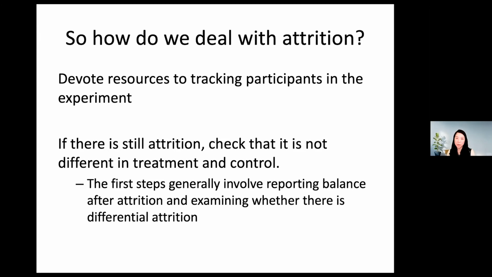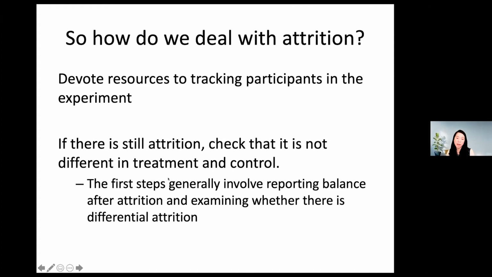We can try, from the design phase, to minimize the attrition. But if that doesn't work, if there's still attrition, then we want to check whether or not after the attrition, the two groups are still balanced.